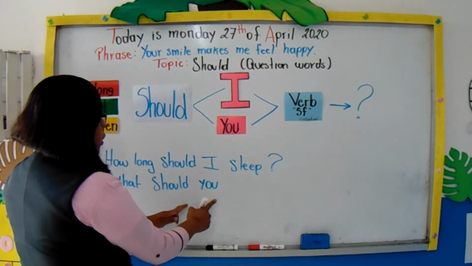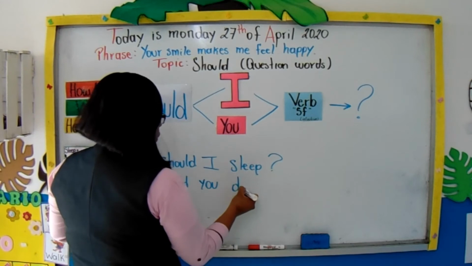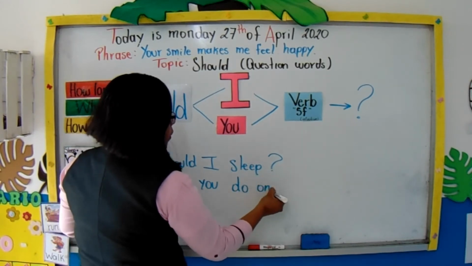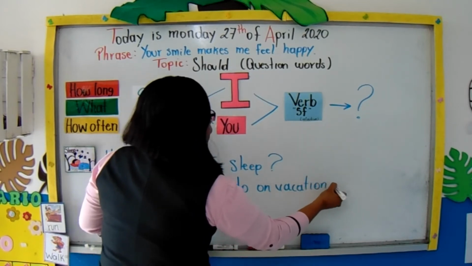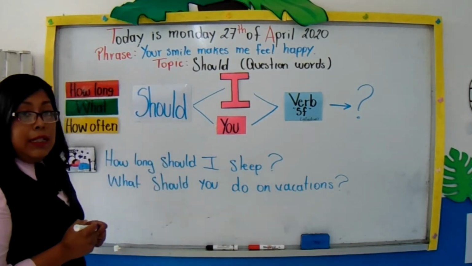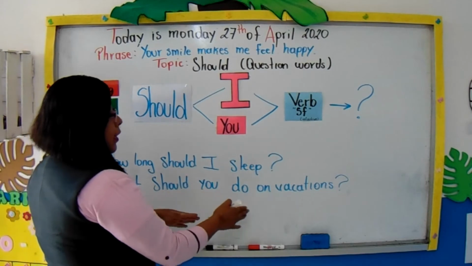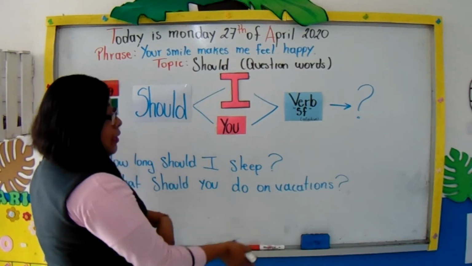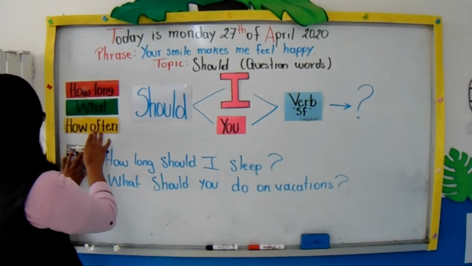What should you, verb, should you do on vacations? And we have to close it. Vacations is my complement. ¿Qué debería o deberías de hacer en vacaciones? Right?